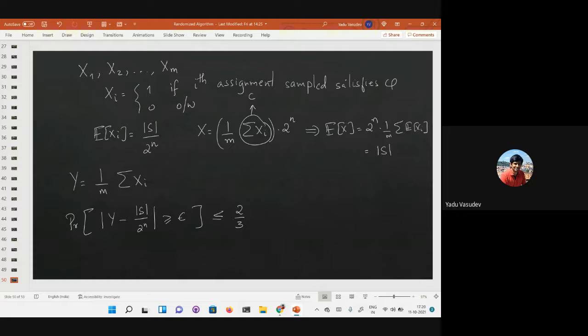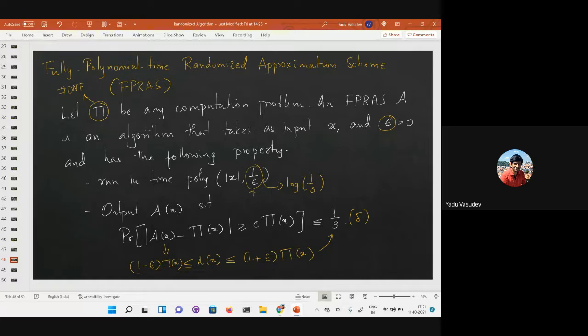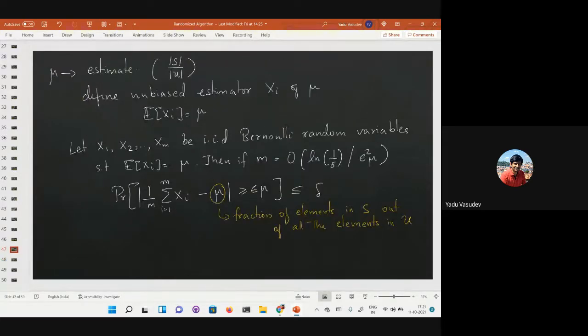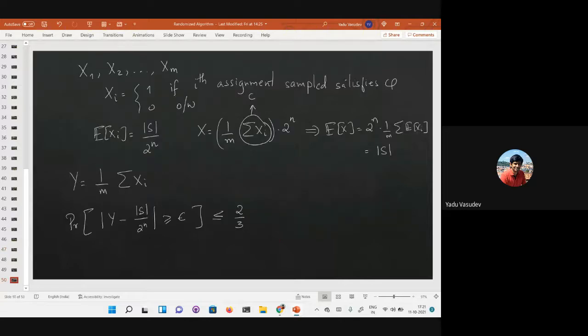So if you use the Chernoff bound that we wrote earlier, it depends on epsilon square, and on 1 over delta. Say delta is 1 over 3 in this, in which case this is a constant. It's not 2/3, it's 1/3.